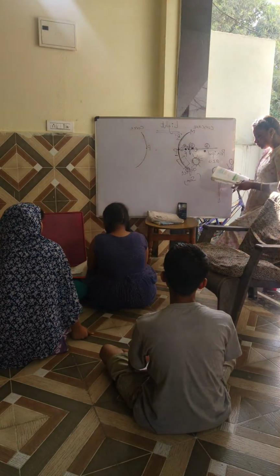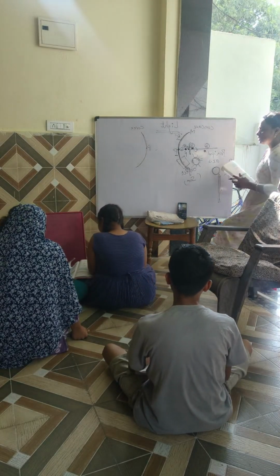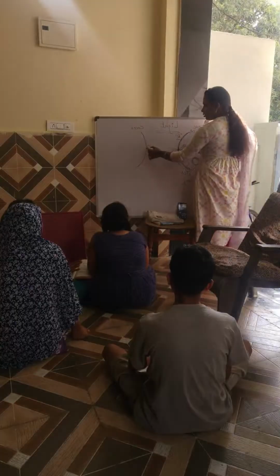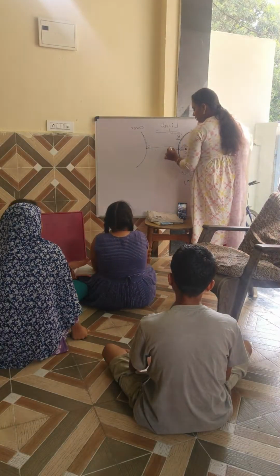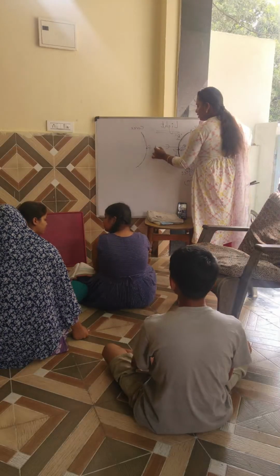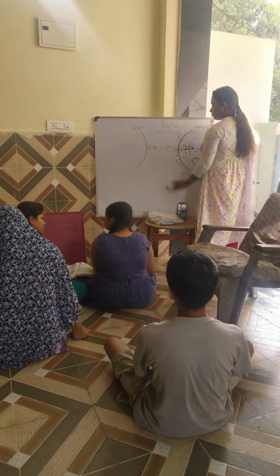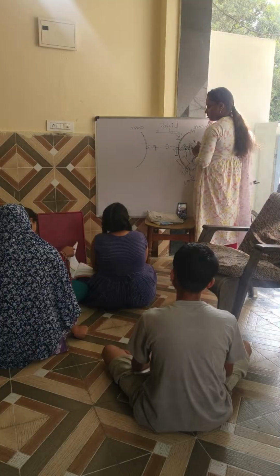Now, if you see the position of the object at the focus, here we will have the principal axis, a line passing through the center of curvature and focus. Okay, this is the principal axis.